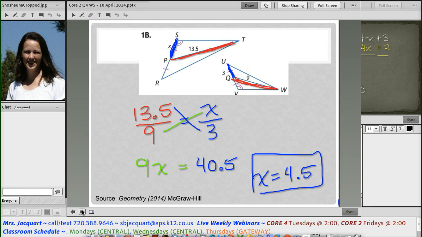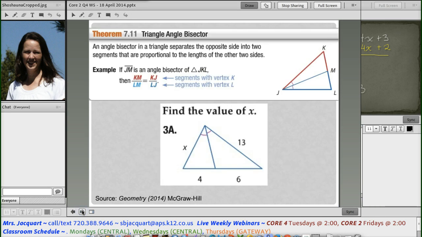Cool. Sometimes people can see these proportions better, so push pause on this one and you can see what's going on. Let's draw triangle parts in red, and then let's draw, oh, I want to do it how we've been doing it, so let's do this.